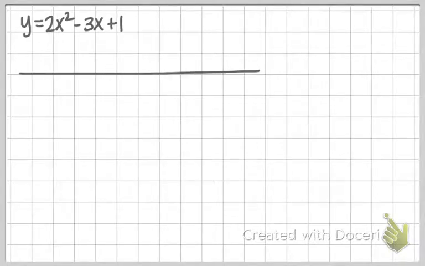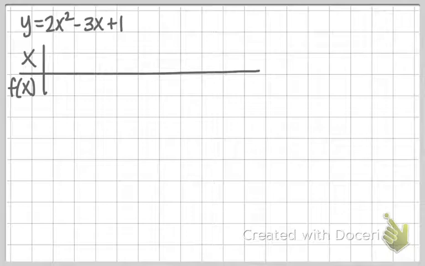Okay, so our first quadratic function that we investigated was y equals 2x squared minus 3x plus 1. We made a table for it, looked at the values. Another thing to notice is that we're making tables horizontally right now so that we can mimic what's happening on the x-axis.